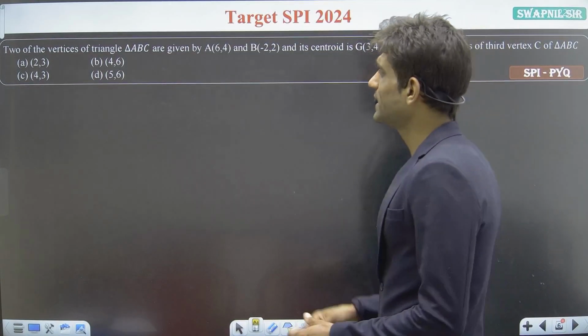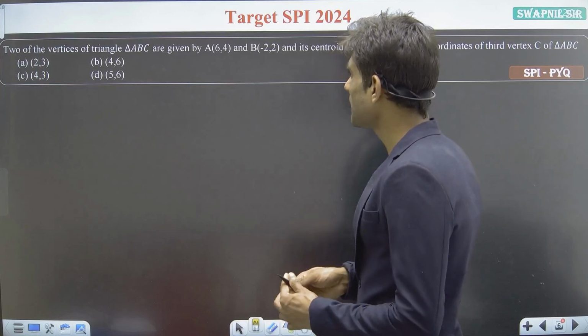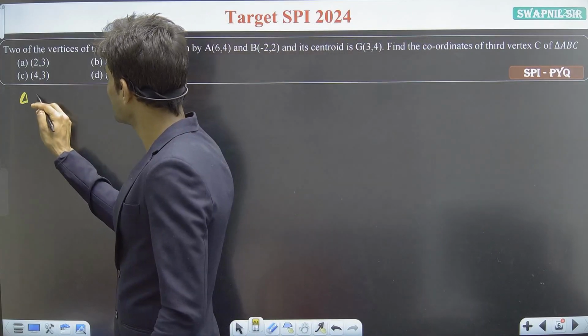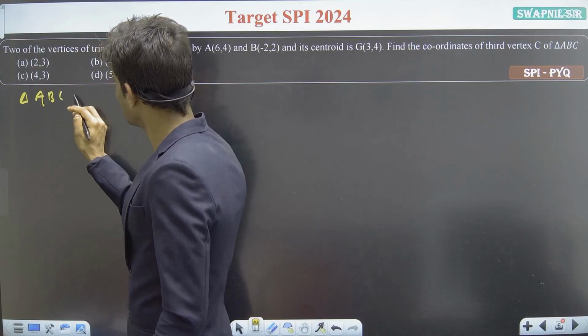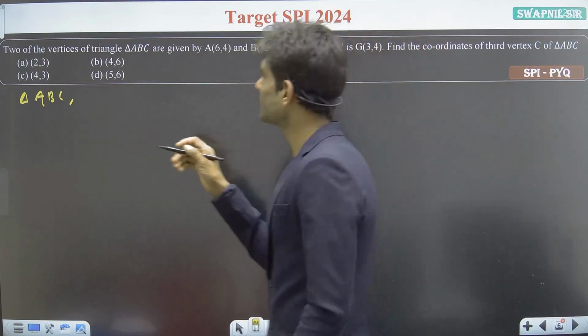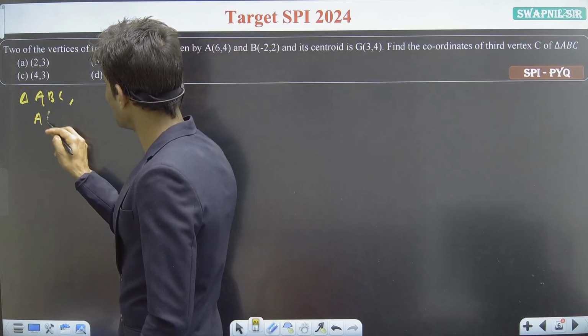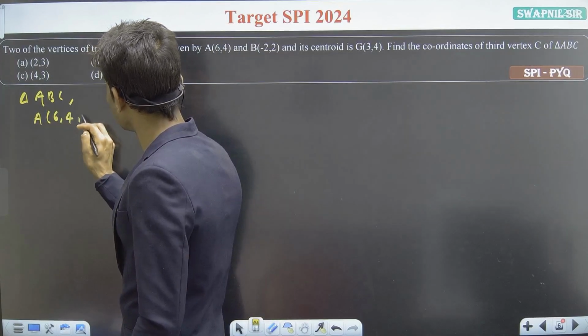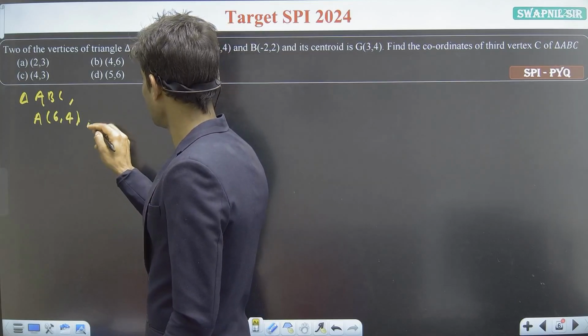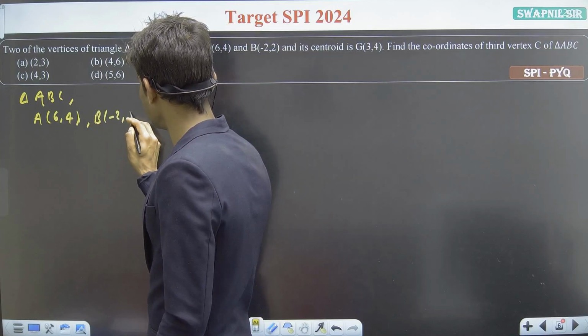Two of the vertices of a triangle ABC are given. Okay, so what we have here is triangle ABC, which has two vertices: the first vertex is A(6, 4), and the second vertex is B(-2).